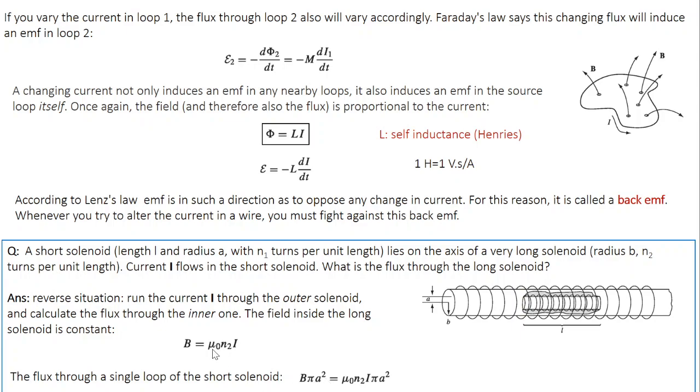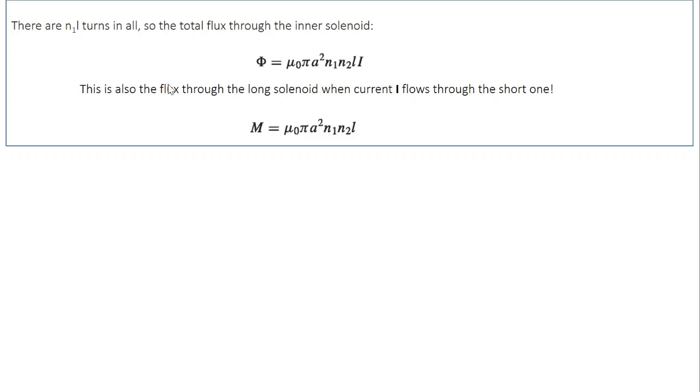Instead of B, you can substitute mu naught N2 I. So this is mu naught N2 I pi A square. Since I have N1 number of turns per unit length, the total number of turns is N1 into L.